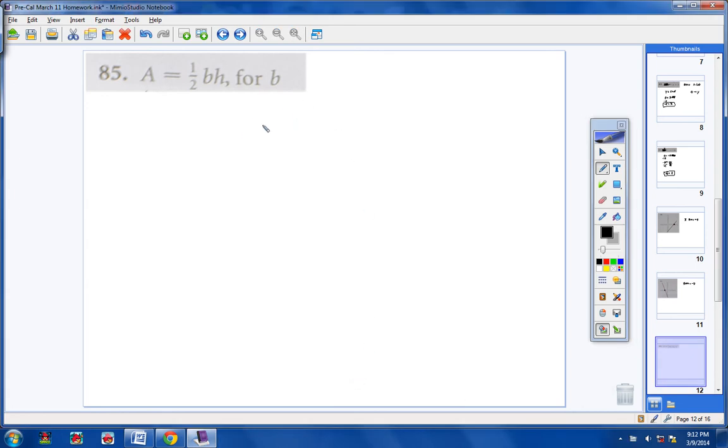Okay, students, we're solving this equation for b. Notice I have 1/2 bh. That is the entire right side of the equation, and that's all one term, correct? They're all multiplying. So if they're all multiplying, we're going to divide by 1/2, and we're also going to multiply by h, okay?